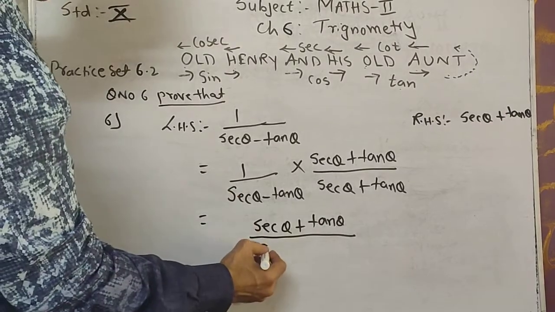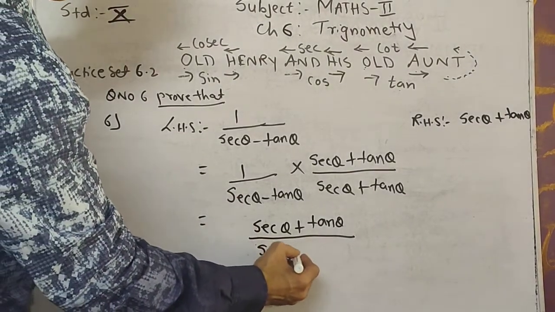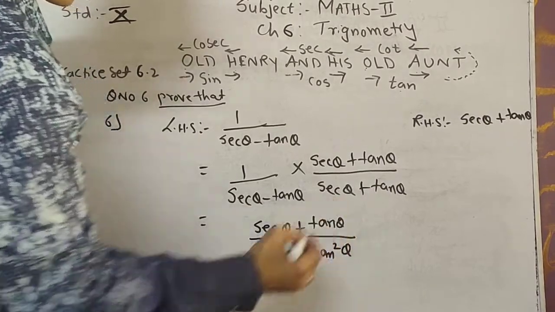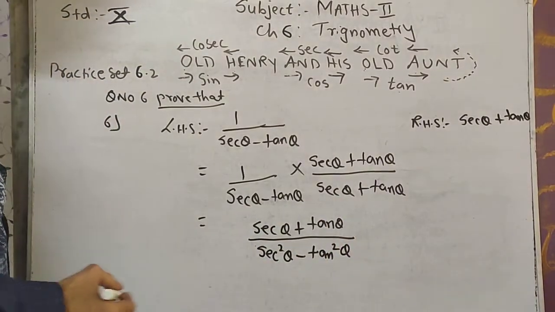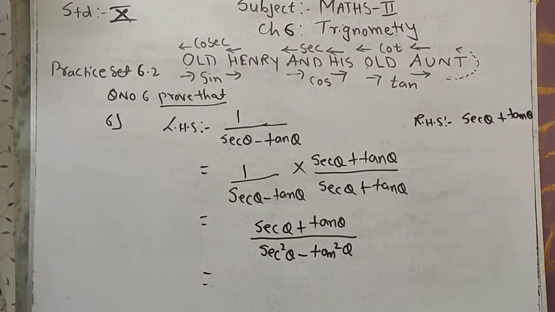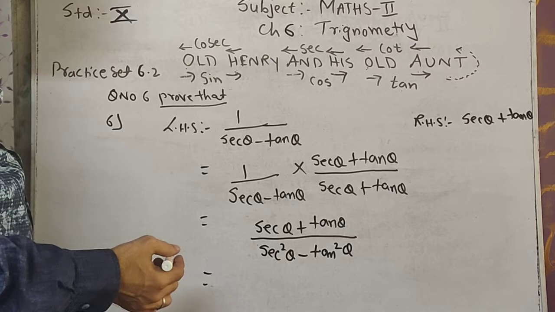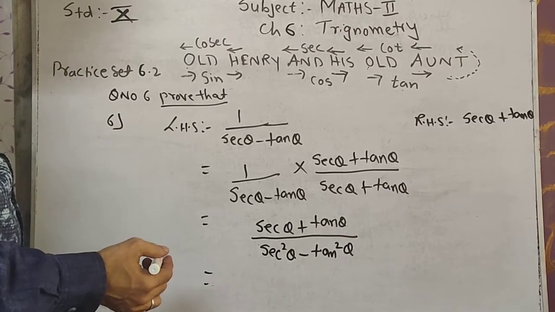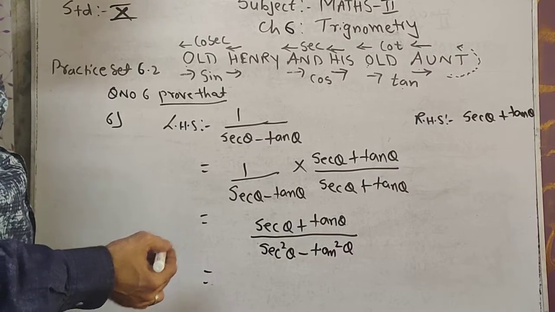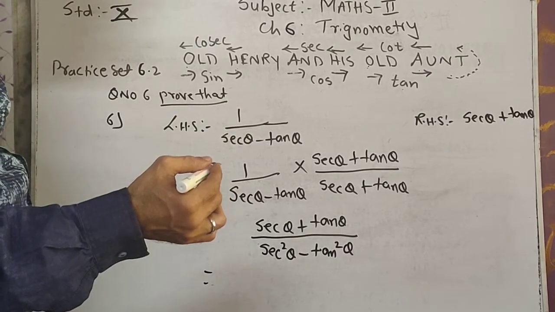So here sec square theta minus tan square theta. Now you know the identity formula very well. Sec square theta is 1 plus tan square theta.